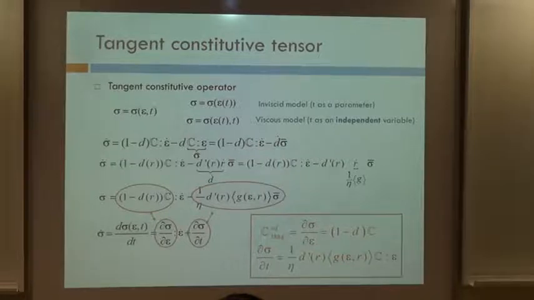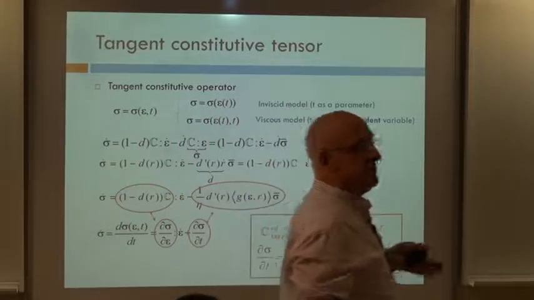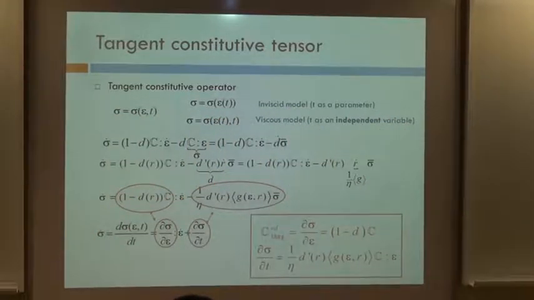But if not, they continue increasing. Okay, well, there will be an elastic branch here and something like that. These are two typical phenomena that appear in viscous models, and they don't appear in inviscid models.